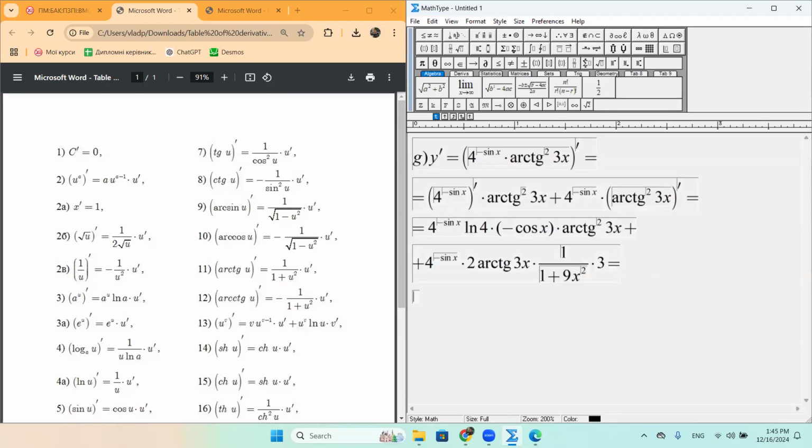So basically, the derivative is found, but let's simplify it a little bit. So how can we simplify? We can move the common multiplier out of brackets. What can we move? We can move 4 in power of minus sine x, and also we can move arctangent of 3x. So let's do it.